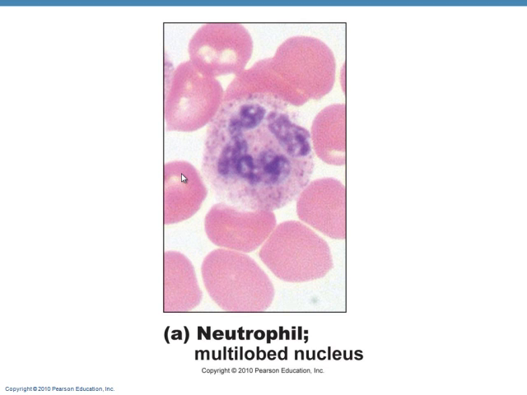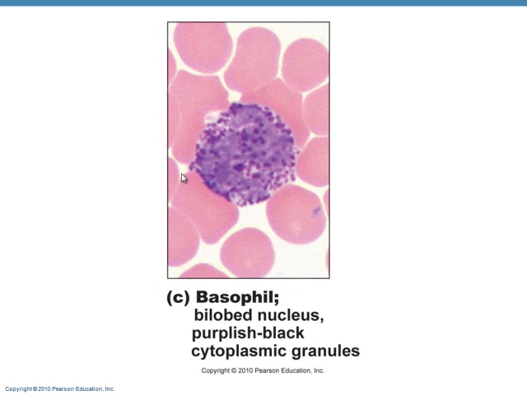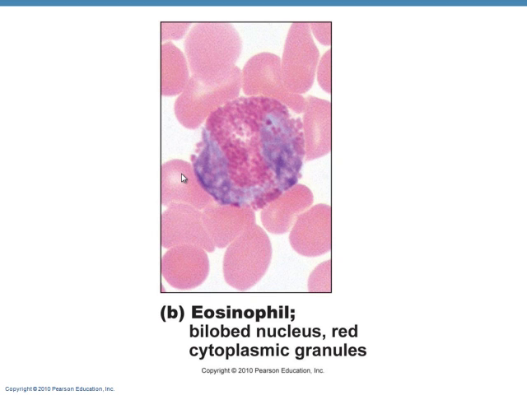So how do we tell the difference between the three granulocytes? How they absorb the dye, exactly. The eosinophils, instead of having neutral colored granules, have orange ones. See all these orange little balls?